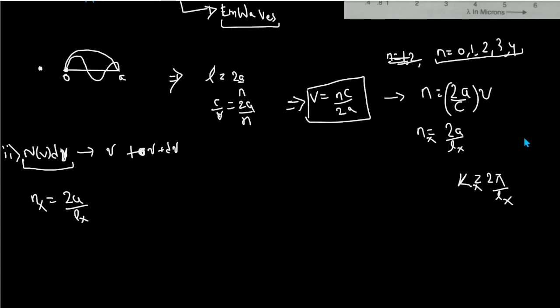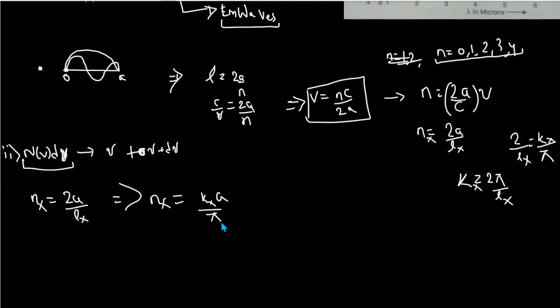So we can substitute 2 upon lambda x as kx divided by pi. This further can be written as nx equals kx a divided by pi.